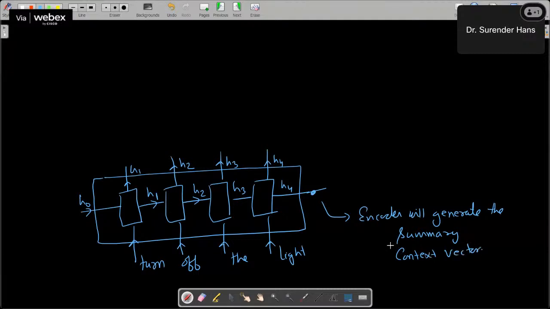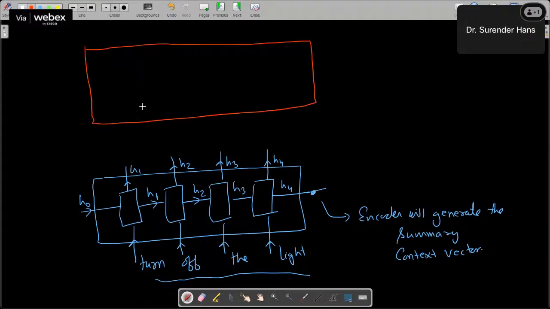So basically we are generating a set of numbers that gives you a summary of the given input sequence. And this context vector we will feed into the decoder.